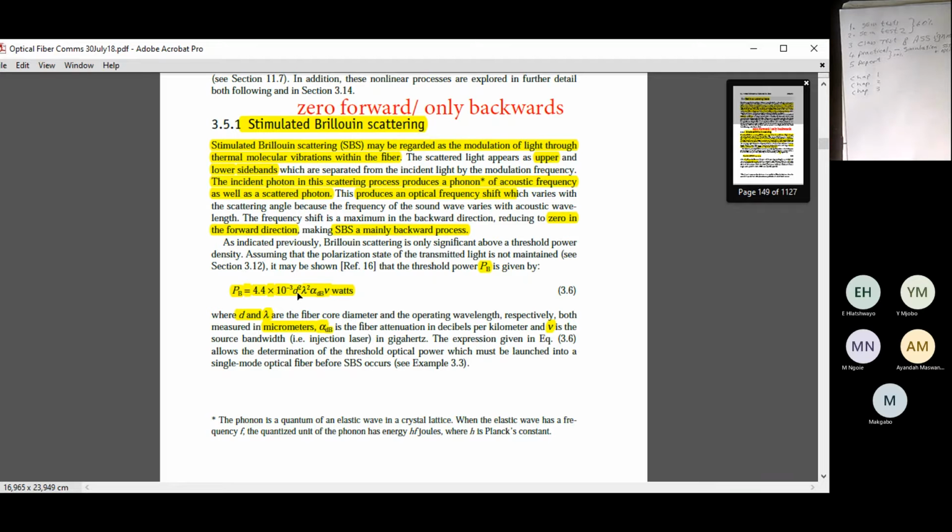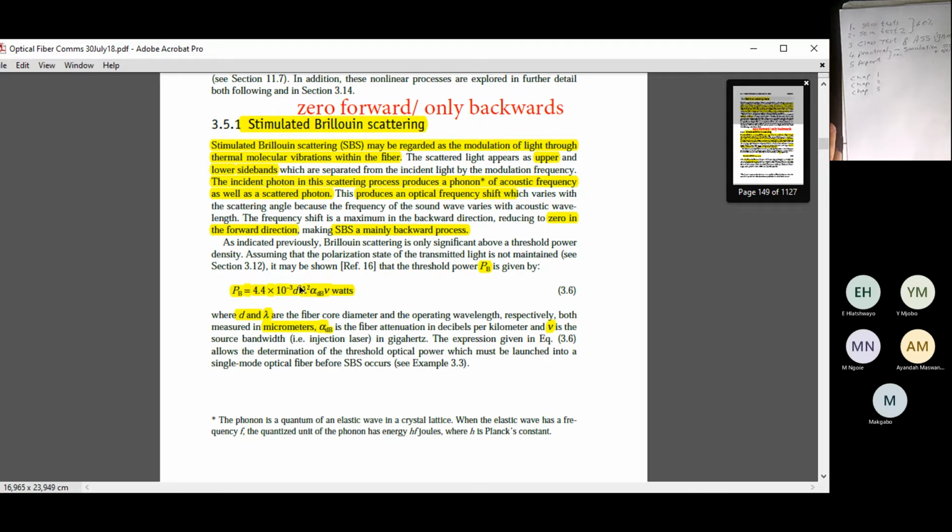Now listen carefully, guys. This is complicated. That is the diameter. But there are no units for that d. It's not in meters or millimeters. It's just a number. It's just the diameter and the operating wavelength.